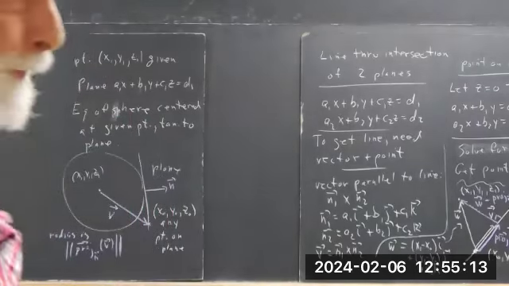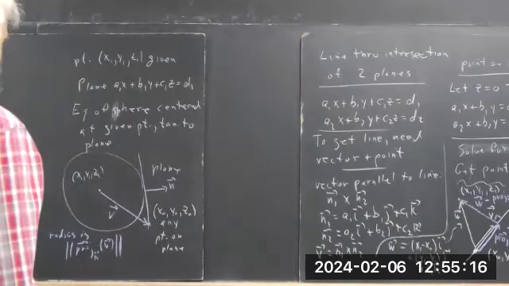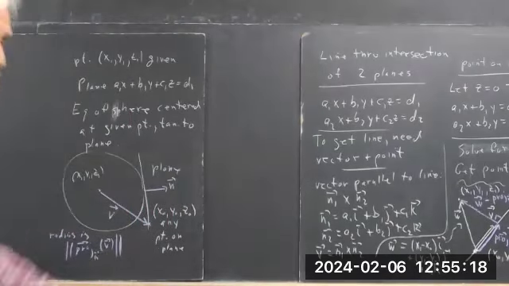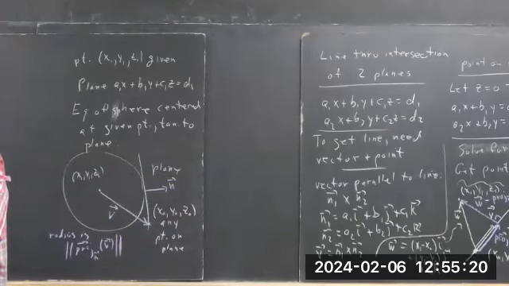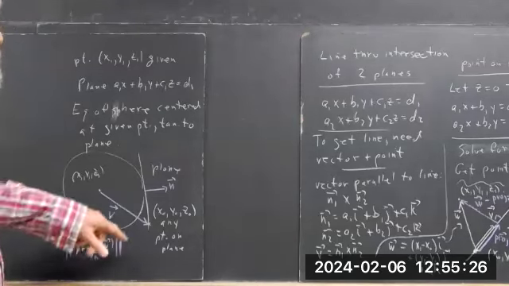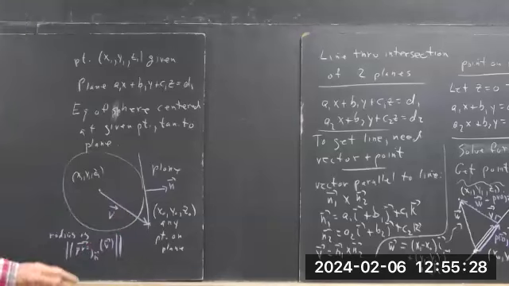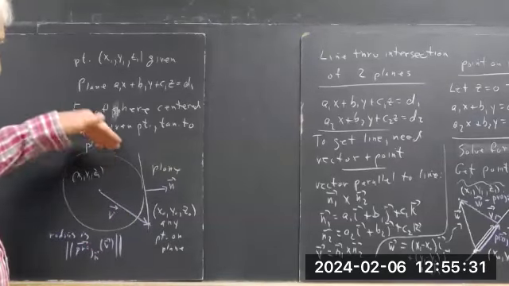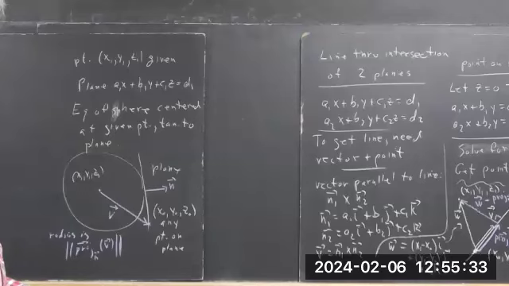Now, the reason for this, of course, is that any radial vector is going to be perpendicular to the plane of the sphere.